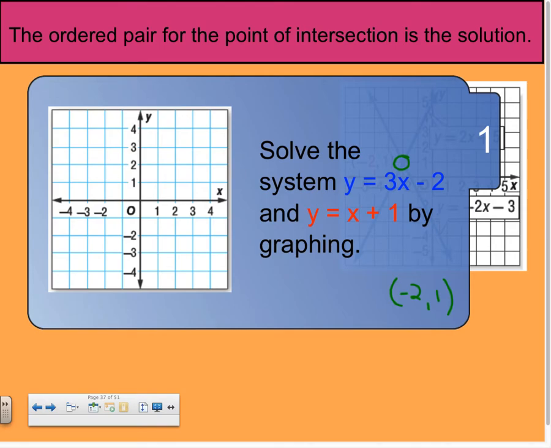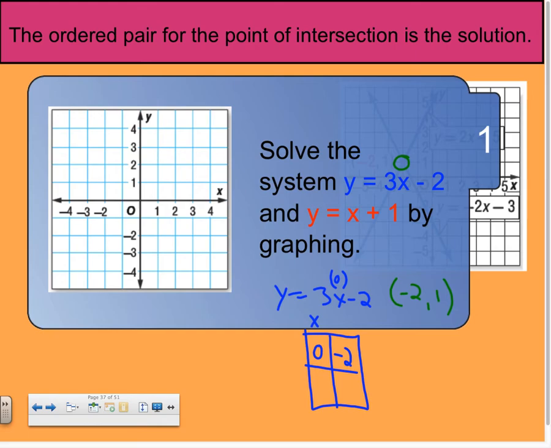For y equals 3x minus 2, I could come up with a quick table. For x, I would put something into my equation. So instead of x, I'm writing 0. Well, 3 times 0 is 0, and then if I subtract 2, my y value would be minus 2.